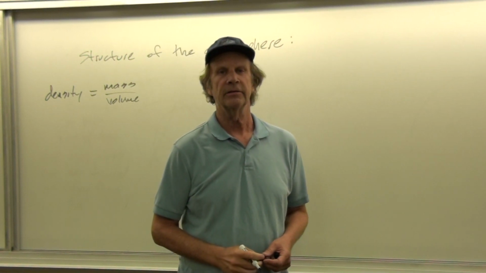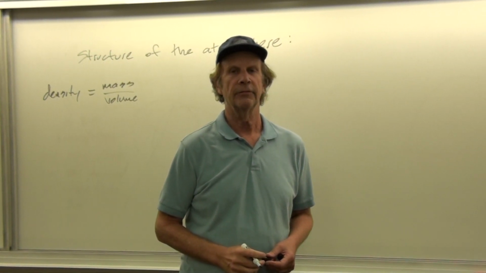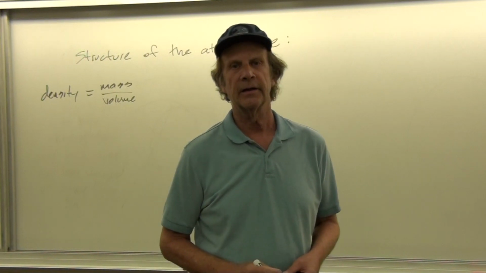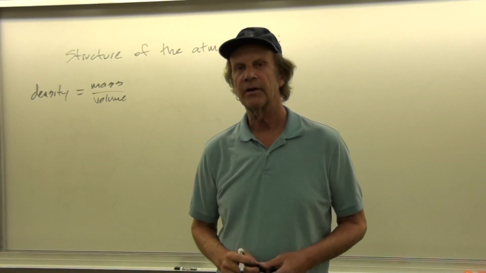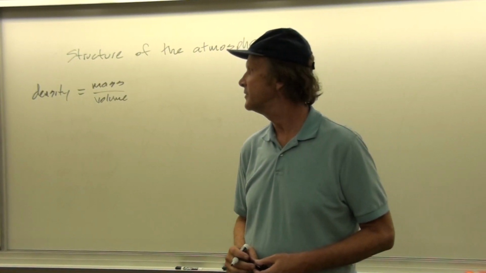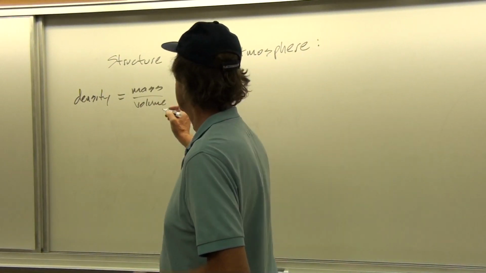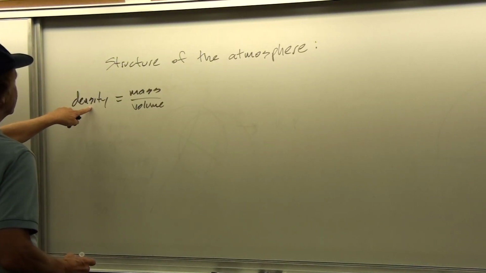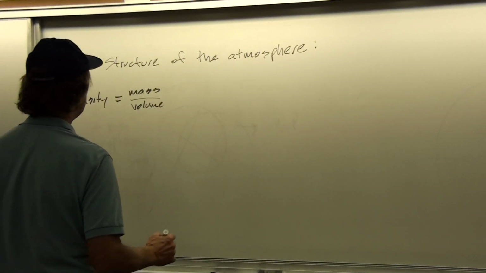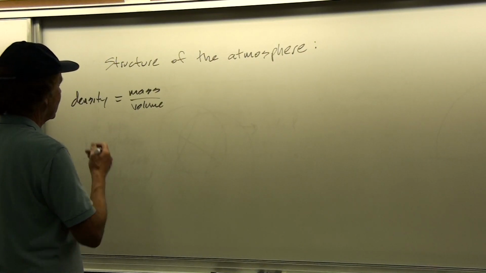All right, next I'd like to go through a few more details regarding the structure of the Earth's atmosphere. And we'll need to start with some basic concepts that relate to how we measure the atmosphere. One way is by means of the density. So we can think of density as being mass per unit volume.